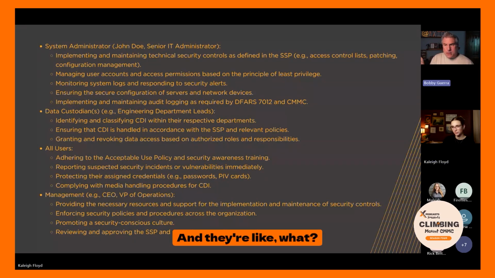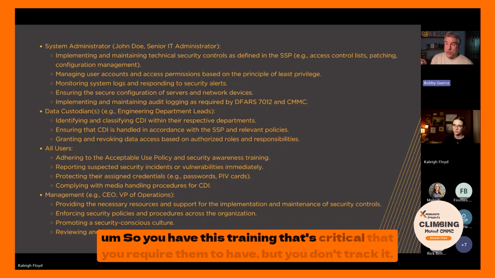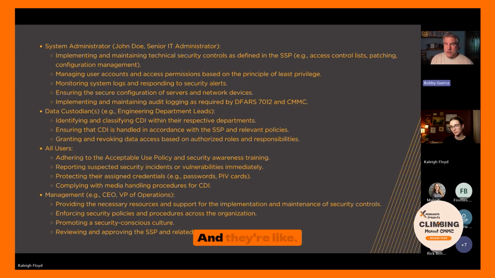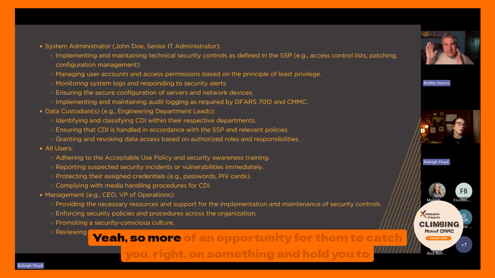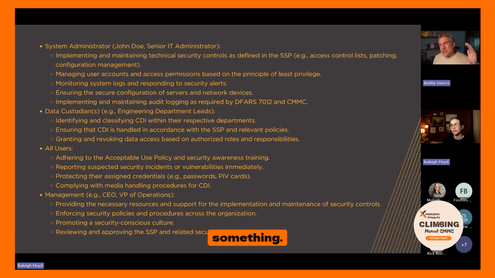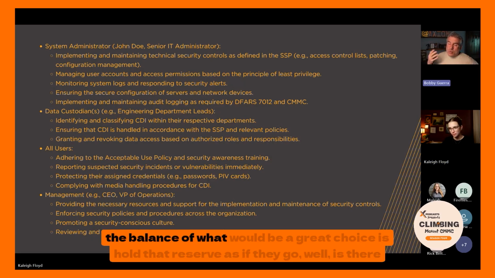And they're like, what? So you have this training that's critical that you require them to have, but you don't track it? And you're like, well, yeah. Oh. So that's more of an opportunity for them to catch you on something and hold you to it. So a great choice is to hold that in reserve.